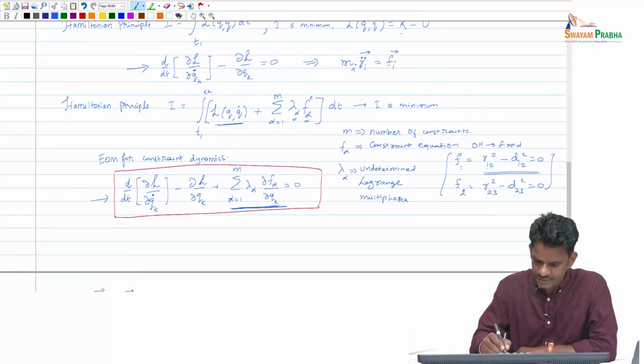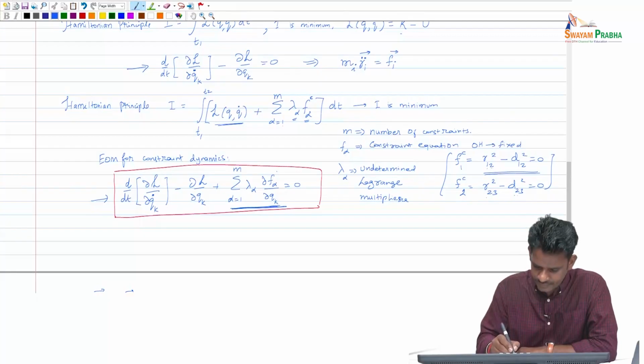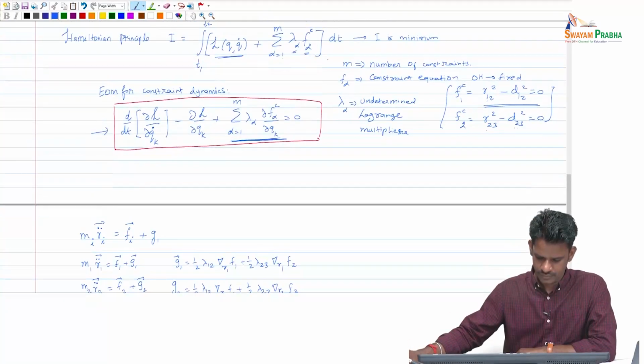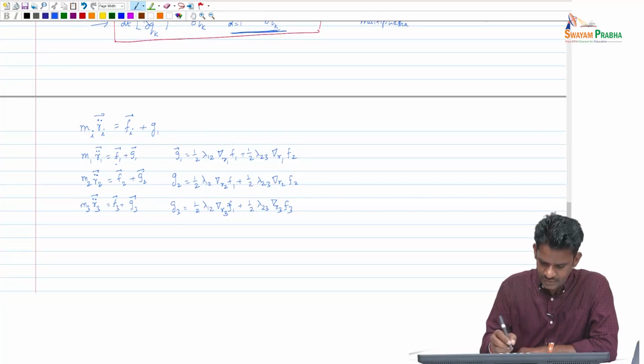So, I will put a superscript C here, because these are the constraint forces, because in this equation these are the conservative forces coming from intermolecular forces, whereas these ones are the constraint forces. So, we put a superscript C here.